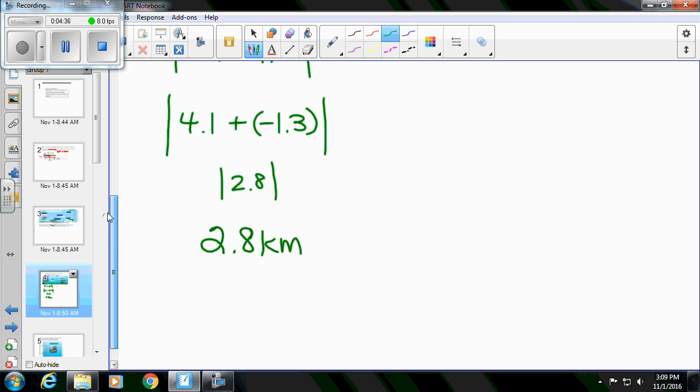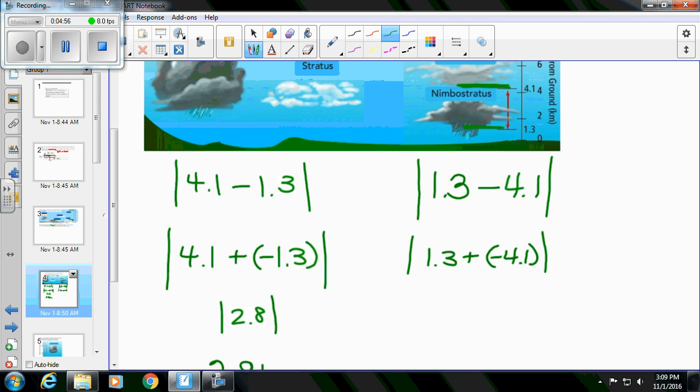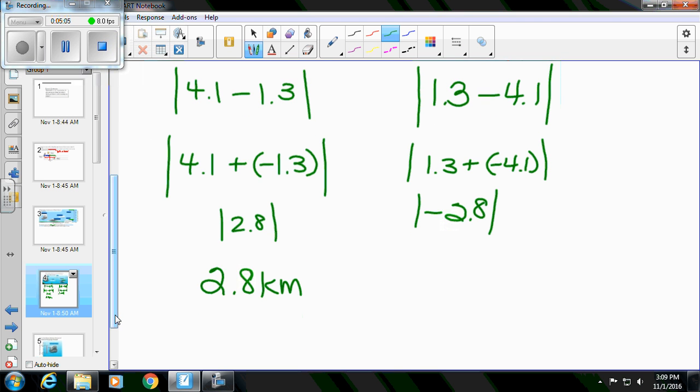If I had done it the other way, and I had done 1.3 minus 4.1, and I take the absolute value, I can rewrite it as an addition. When we do the arithmetic, I get the absolute value of negative 2.8, which when I take the absolute value, it becomes positive 2.8, and our unit is kilometers. So the nimbostratus and the altostratus clouds are 2.8 kilometers apart.